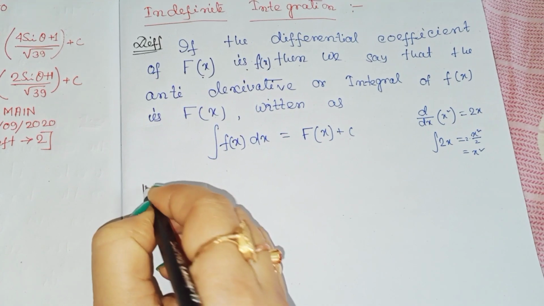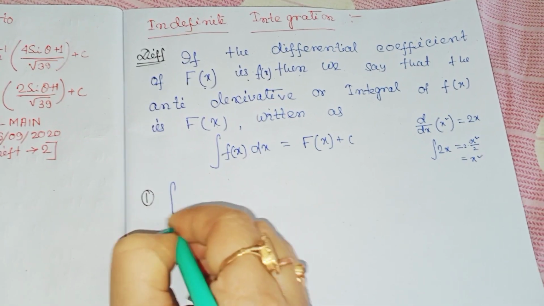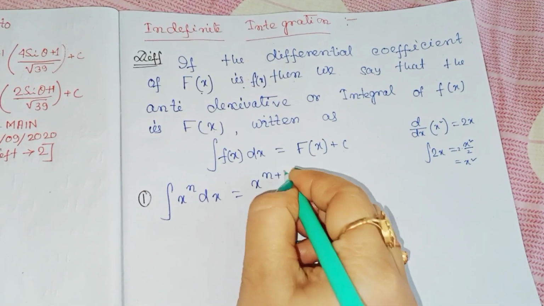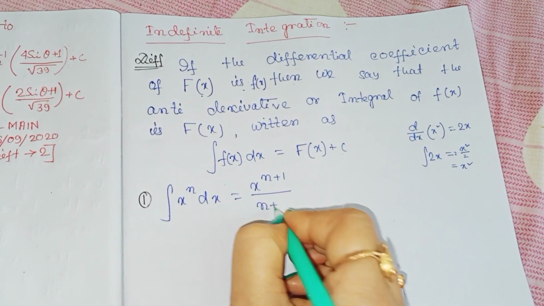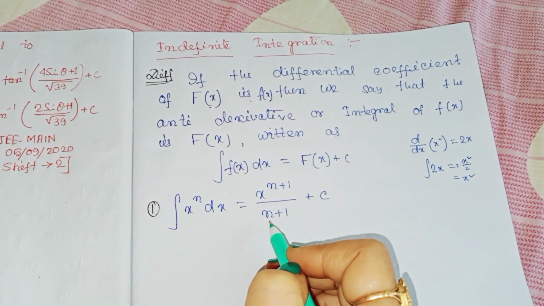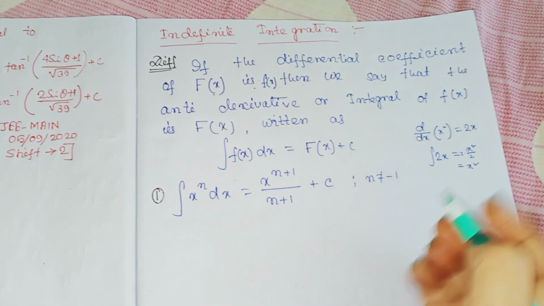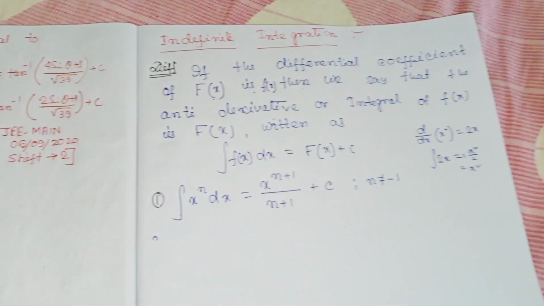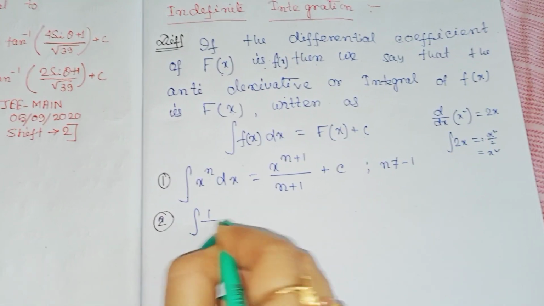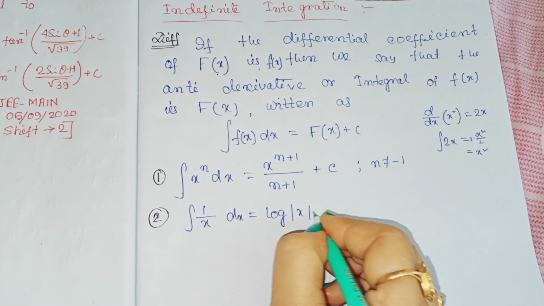Now some formulas about indefinite integration. At first formula, integration of x to the power n dx is equal to x to the power n plus 1 divided by n plus 1 plus c, where n is not equal to minus 1. Write these important formulas down in your copy and always recall them from memory. Second formula: integration 1 by x dx is equal to log of mod x plus c.